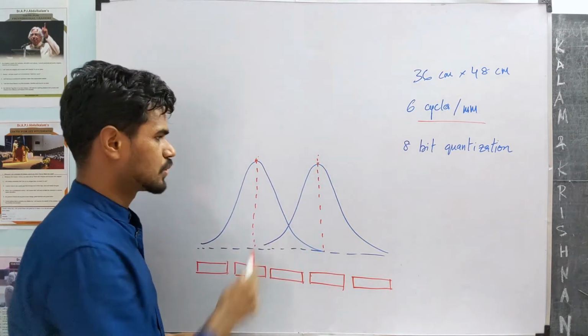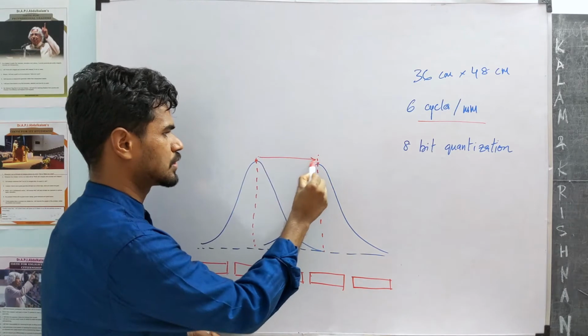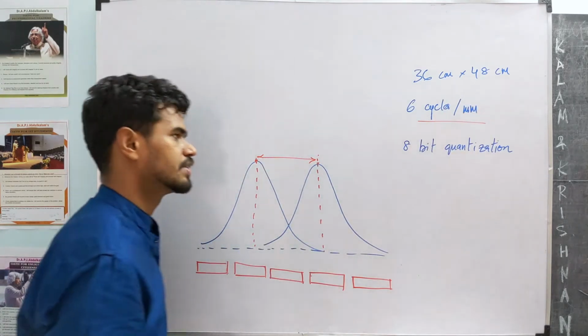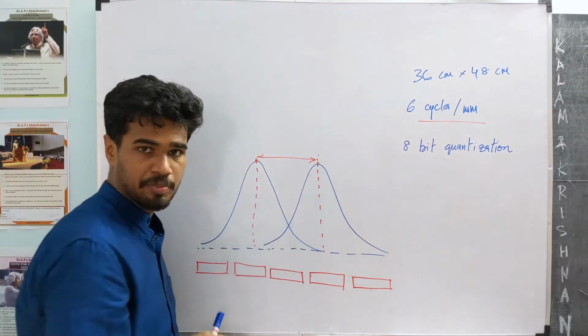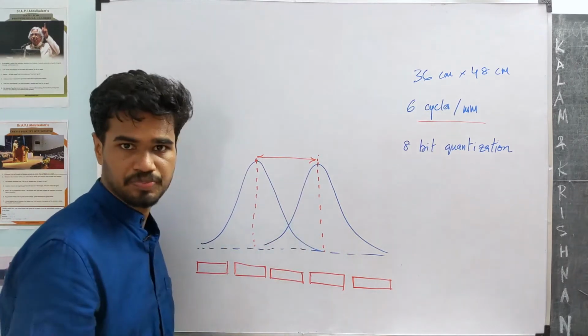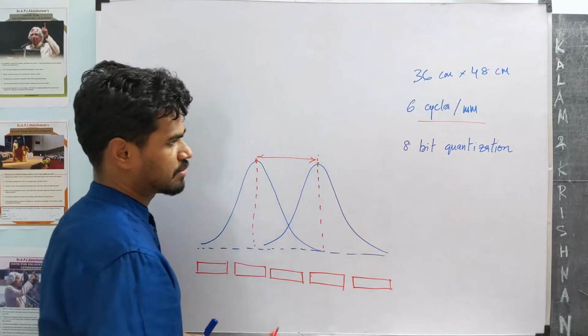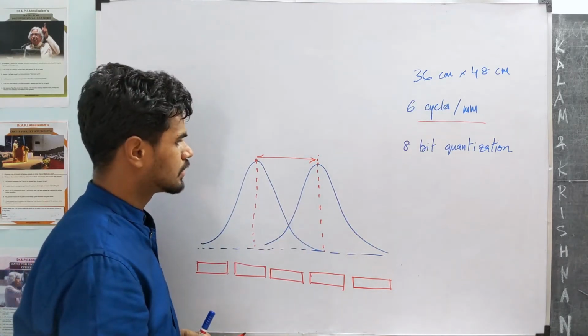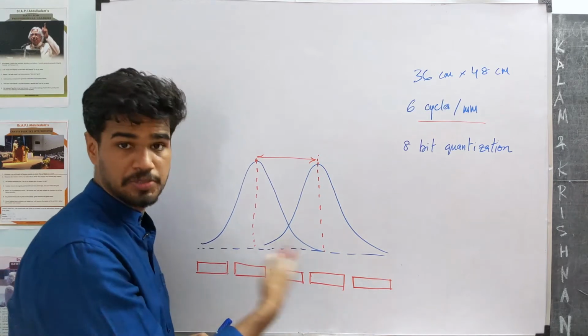So from here to here is a cycle. This resolution could instead be given as number of lines per mm or number of line pairs per mm. So 6 cycles per mm is 6 line pairs per mm, or 12 lines per mm.